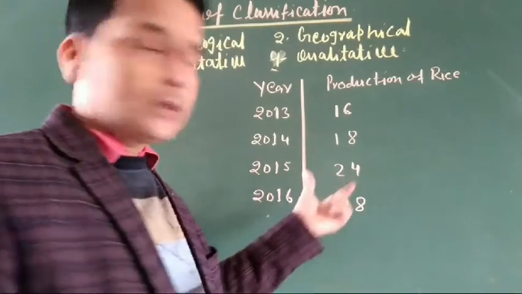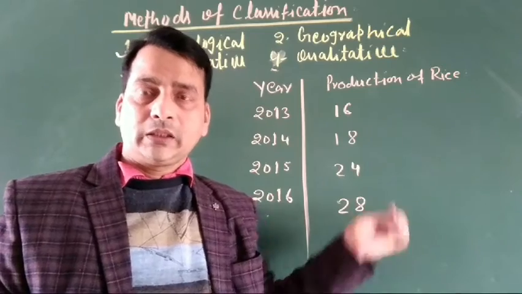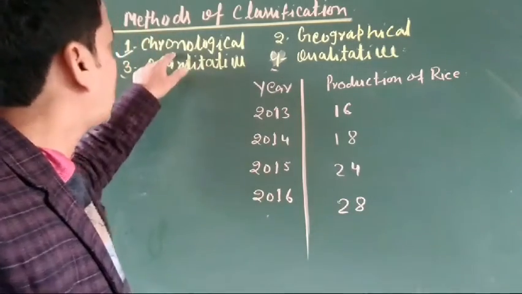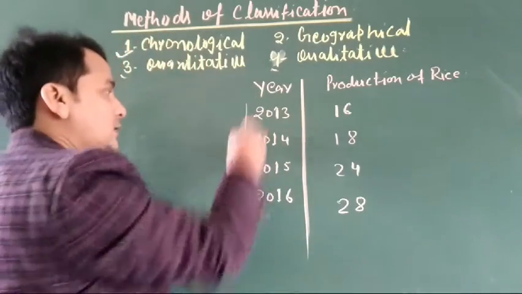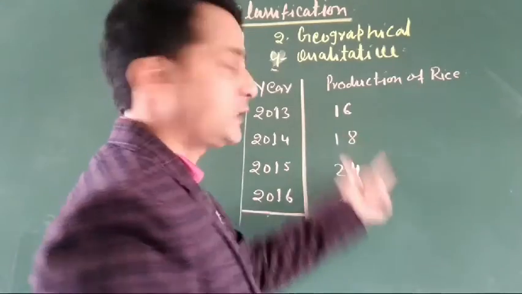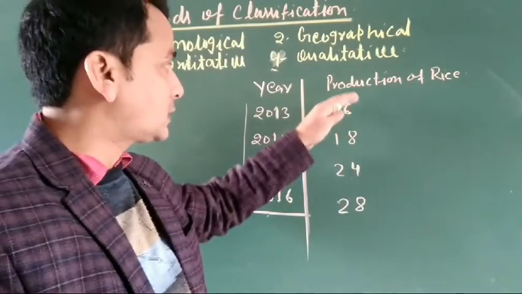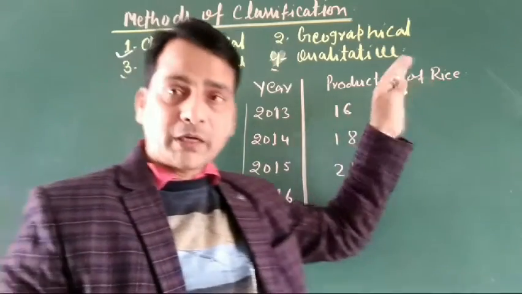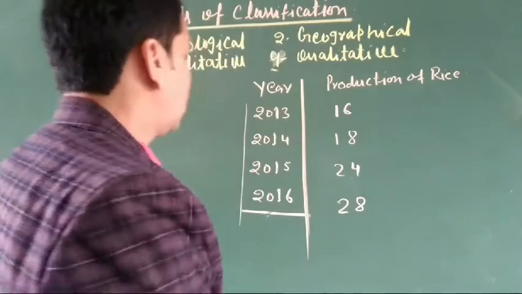This type of statistical data is called the chronological classification. This is the time period such as the year, and that is the statistical data, the production of rice measured in tons.